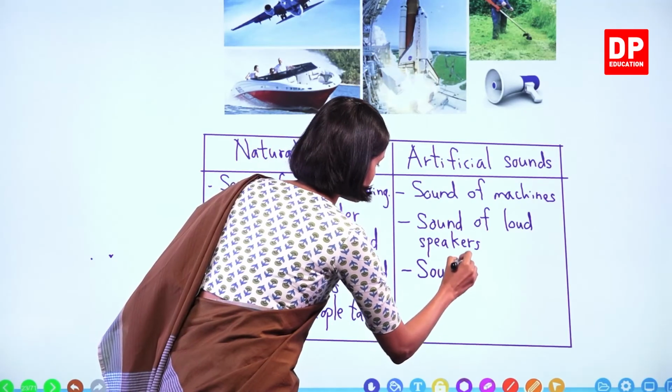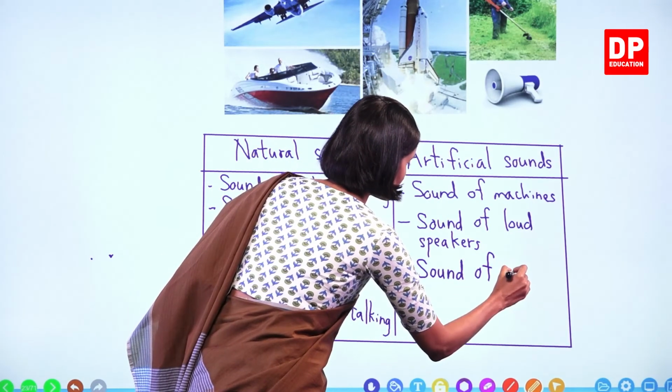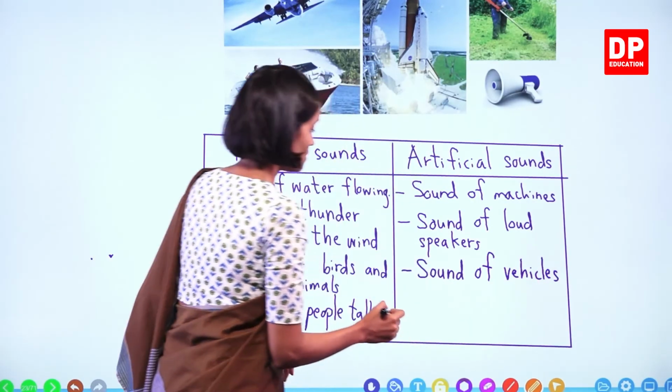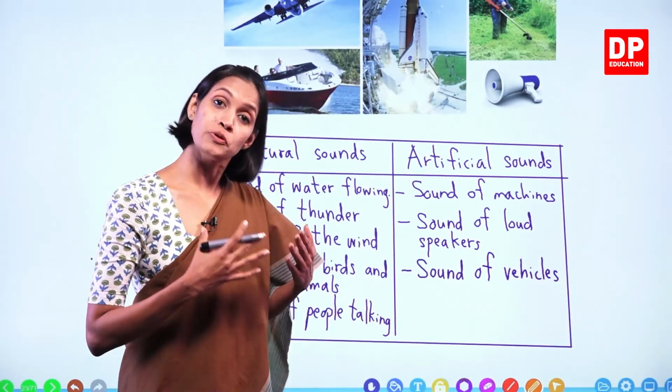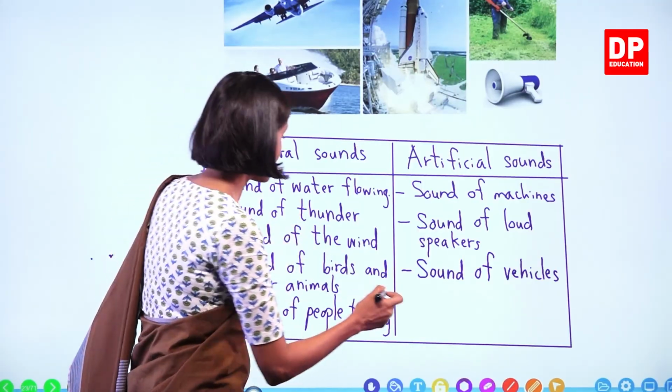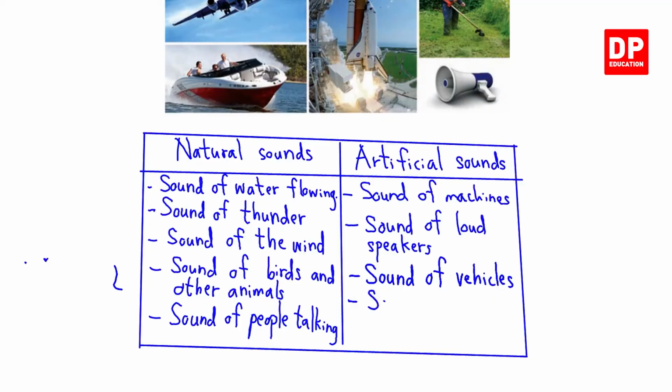Sound of vehicles. And we can even write sound of musical instruments, because musical instruments are man-made things.